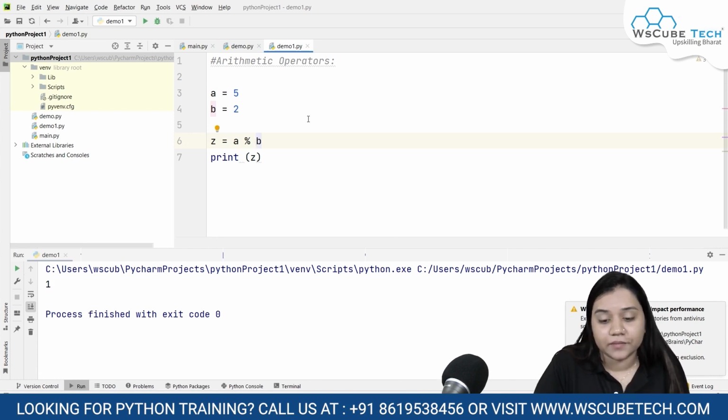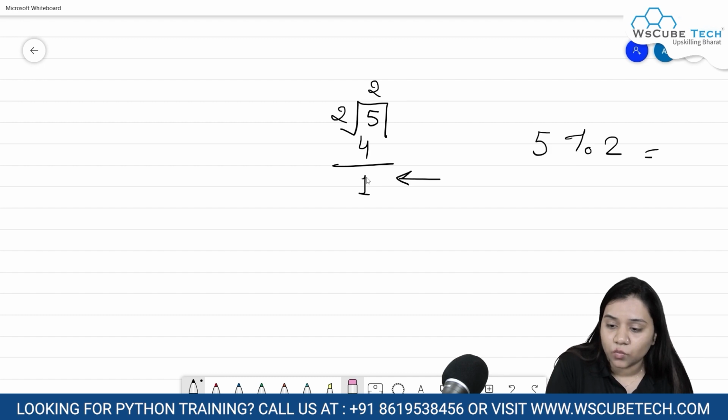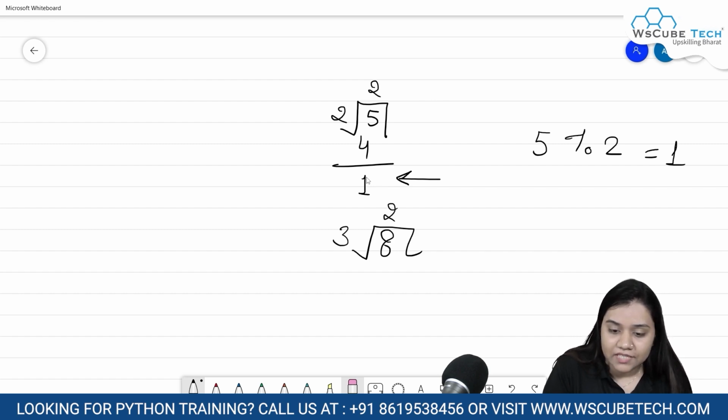I'll explain that. I'm considering 5 as a number over here, and when divided by 2, 2 times 2 is 4 and the remainder is 1. That's why 5 modulus 2 gives us 1. Similarly, let's consider another case. I'll write 8 and here I'll write 3. So 3 times 2 is 6 and the remainder is 2.